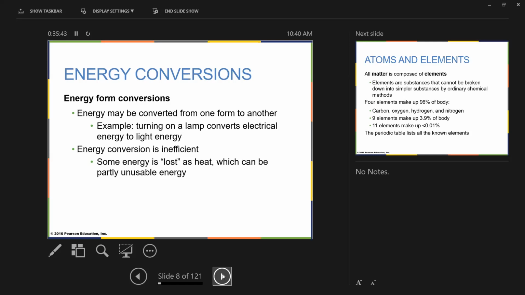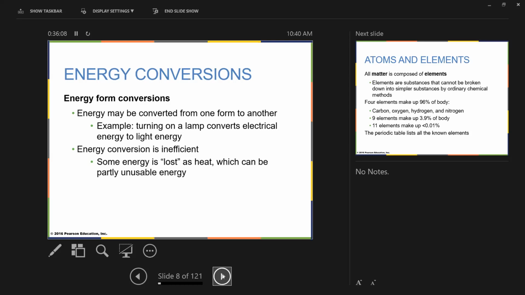But if you ate something, the chemical energy in that food is going to be turned into mechanical energy for us to do things. But there will also be a certain amount of heat coming off. Heat energy is usually the energy that we can't use. It is the lost energy.